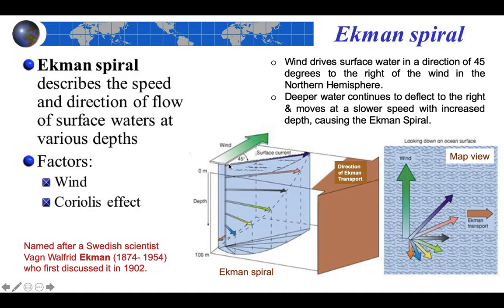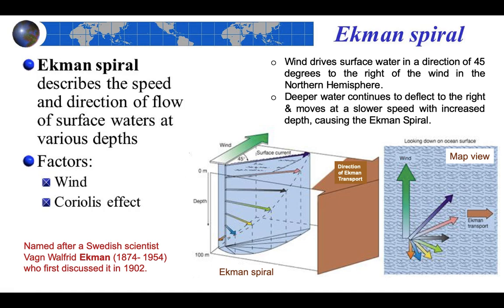You're looking in this diagram at a three-dimensional cross-section of what happens to the water in the ocean as you go deeper down to 100 meters. On the right-hand side, you're looking at the map view of this phenomenon. Let's take a look at the diagram on the left.